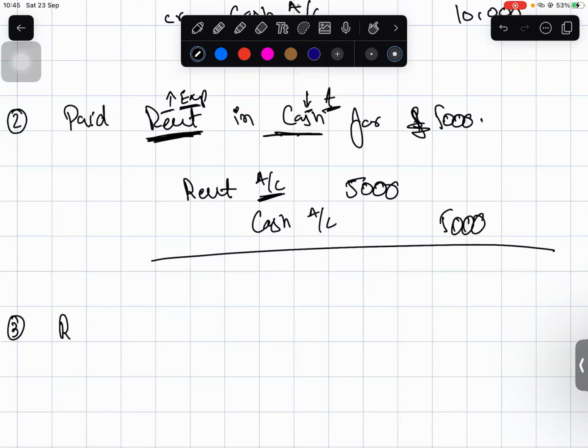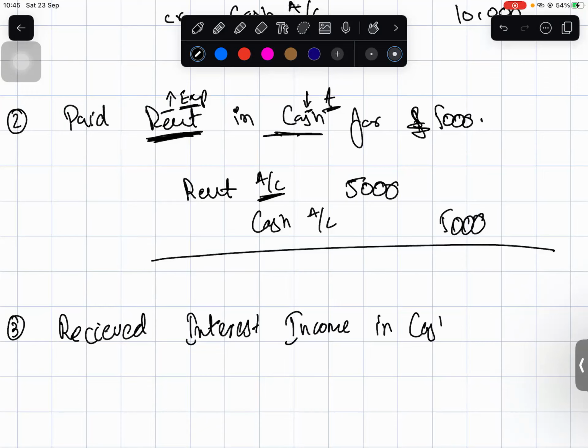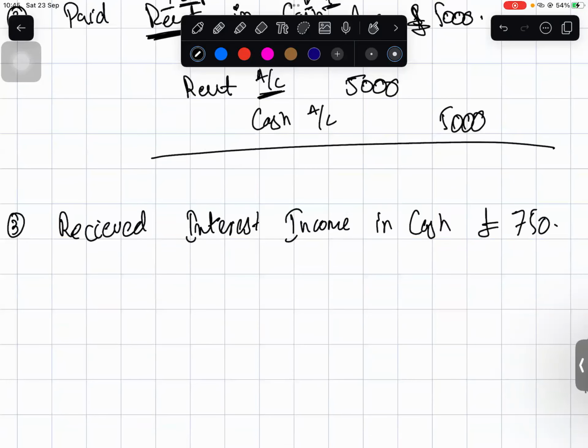Now let's do another example of an income. Let's say that we received interest income in cash, £750. Now, Emily, you tell me what would be the entry for this. It will be interest account debit 750 and cash account credit.